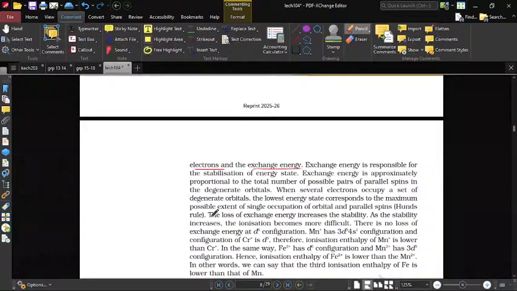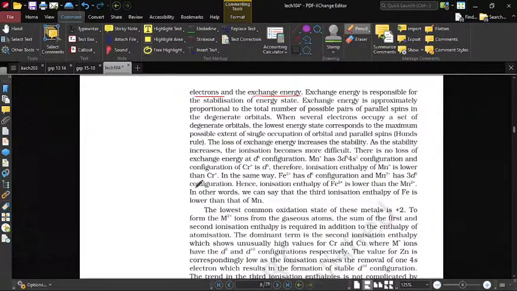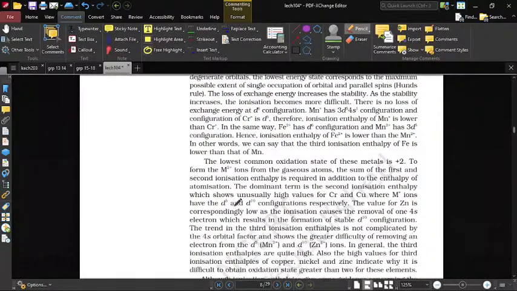Hence, ionization enthalpy of Fe2+ is lower than that of Mn2+. In other words, we can say that the third ionization enthalpy of iron is less than that of manganese.